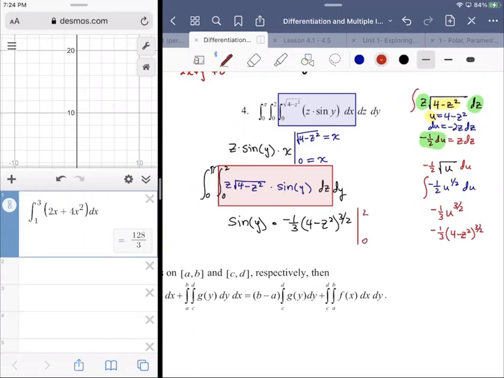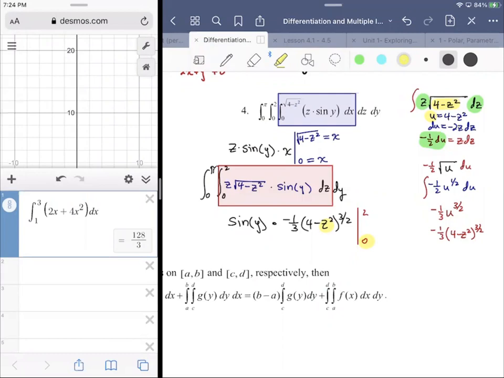It turns out in this case, the 2 is not going to amount to anything because 2 squared is 4, and 4 minus 4 is 0. It's when you plug in the 0 that you get something more meaningful. So this is the only one that's relevant. That gives you 4 in the binomial raised to the 3/2.